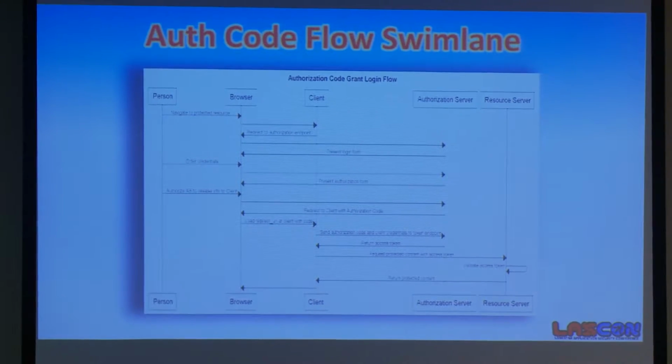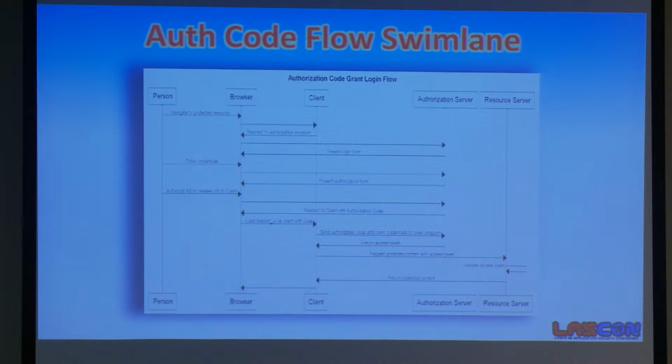The basic idea in this flow, let's look at a sign-in flow, an authentication flow using OAuth, is that the person is going to hit a resource. The resource is going to redirect to the authorization server. The authorization server is going to ask the person, do you authorize? Remember that screen we saw in the beginning? So you're going to hit yes.